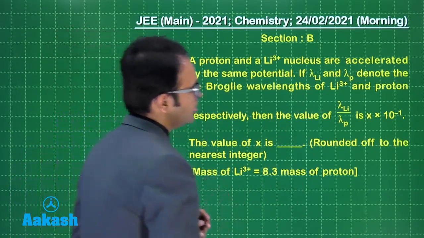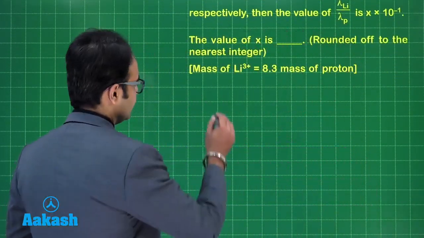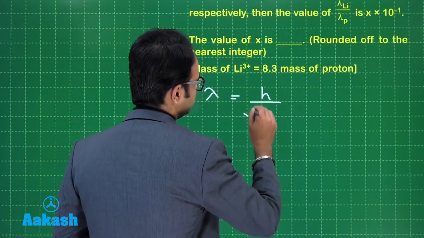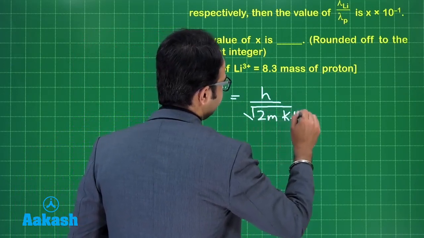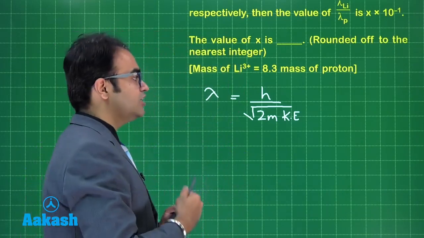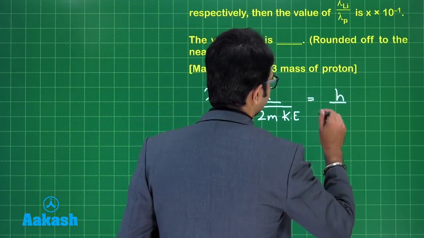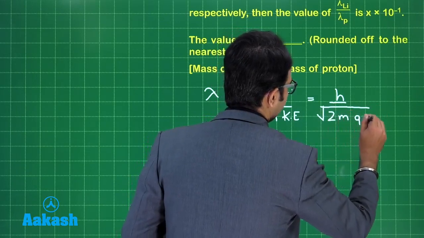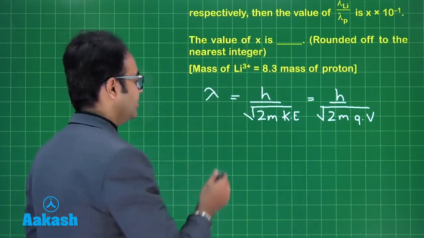So here we will use the equation lambda is equal to h upon square root of 2m into kinetic energy. Here we can write kinetic energy as charge into the potential. So this will go as h upon square root of 2m into the charge into the potential. So we get two equations, one for lithium.